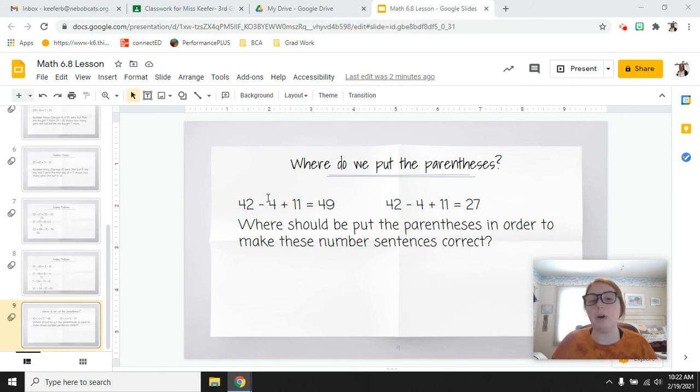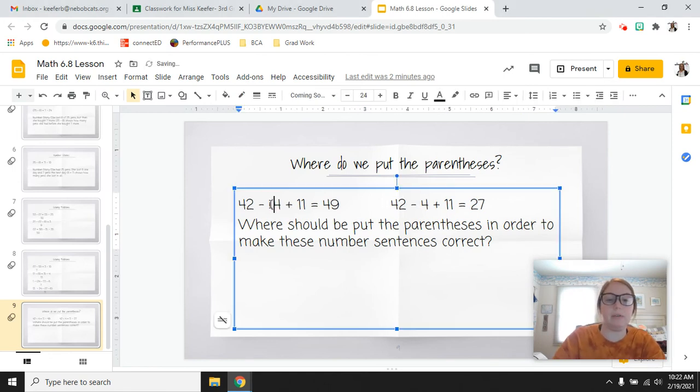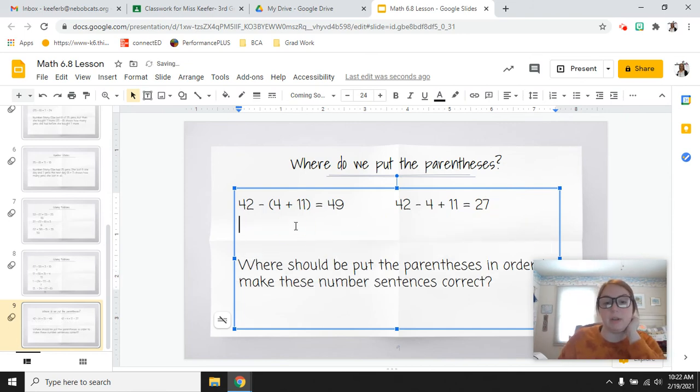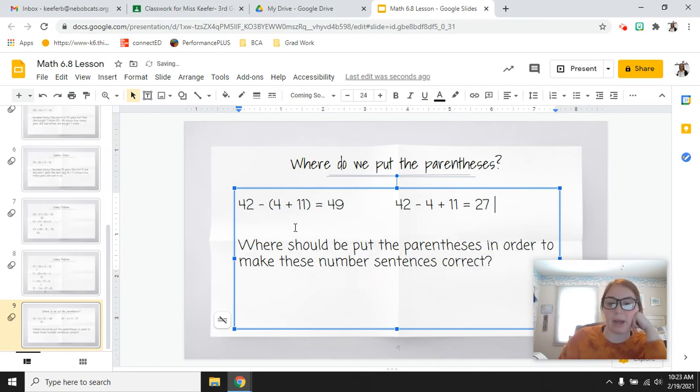So if I put it here, 4 plus 11, we would do 4 plus 11 first, which would equal 15. And then we would need to do 42 minus 15. That's not going to get us to 49. That's going to be lower than 49. So that we know would not be correct.